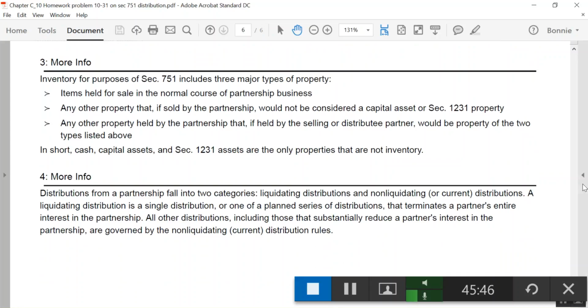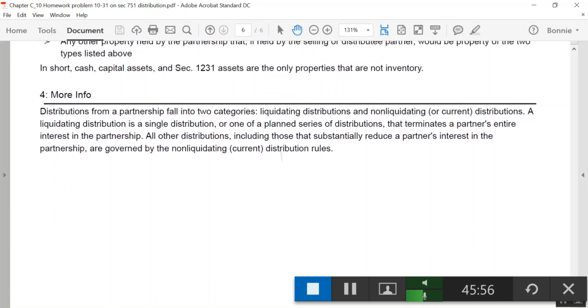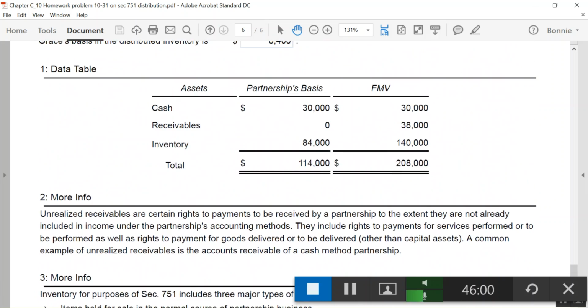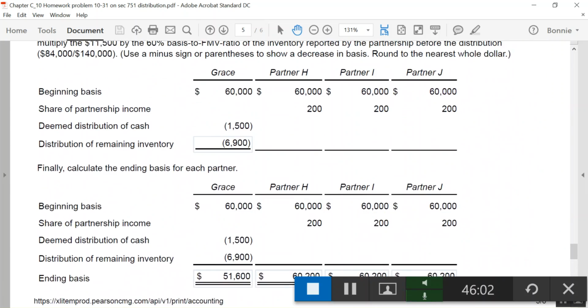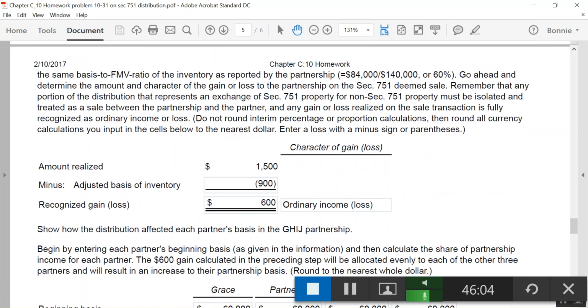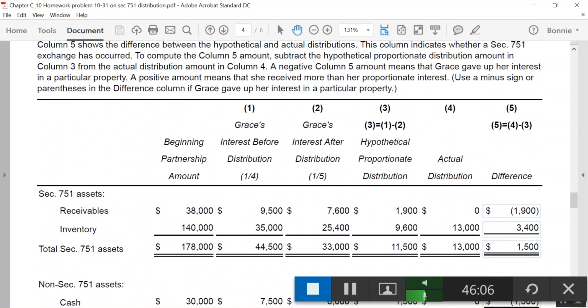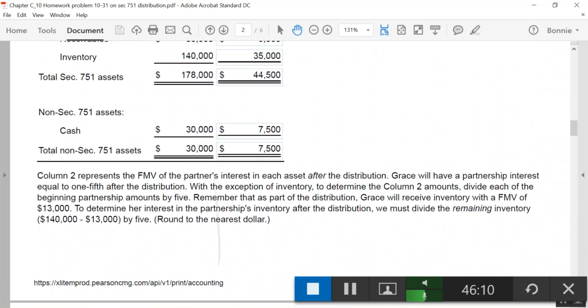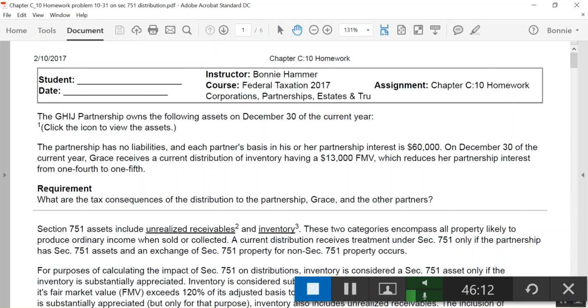And it talks about how distributions from a partnership fall into two major categories, liquidating and non-liquidating, and what that means. So they're just trying to give you some more examples here. This is why I love this Help Me Solve This. Just doing this problem and then printing it out like I did is very helpful.